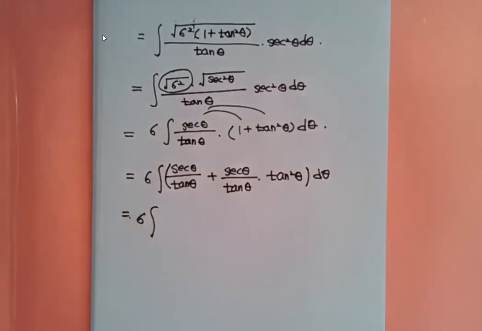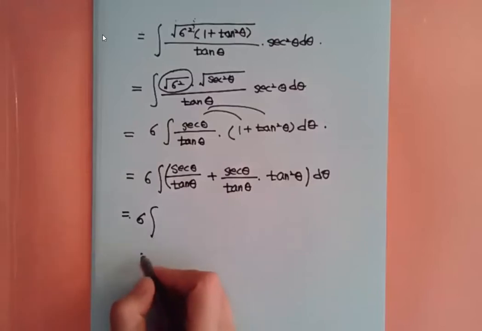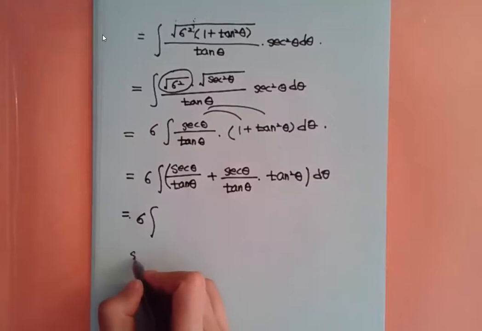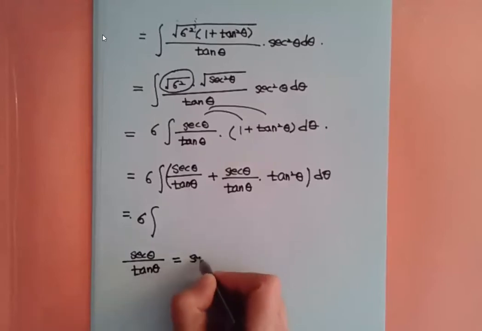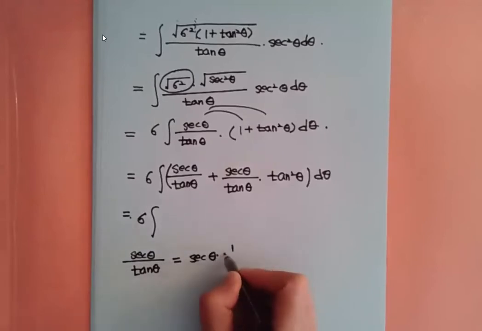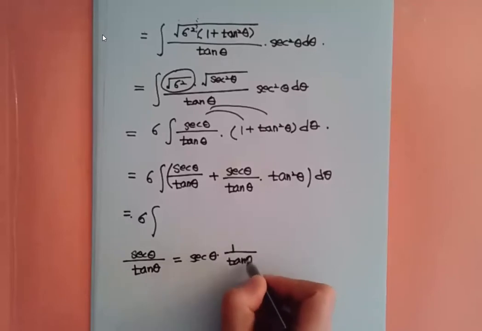Then we come up with the simplification. What's happening here is secant of theta over tangent of theta can be written as secant of theta times 1 over tangent of theta.